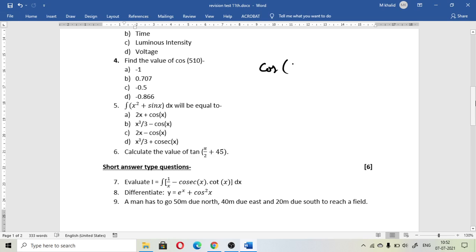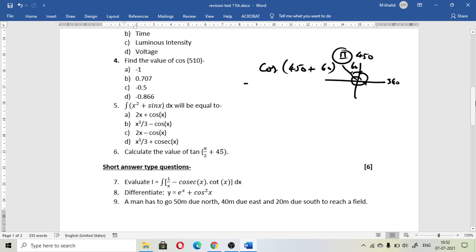So we can say it is 450 plus 60 degree. 450 comes in which quadrant? Suppose one circle is completed, then it has covered 360 degree, then we have gone 90 degree more. Here it is 450 degree, and after that it is covering 60 degree more. So it is coming in second quadrant.